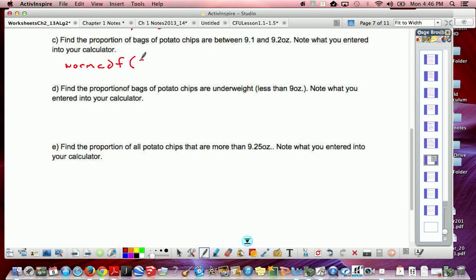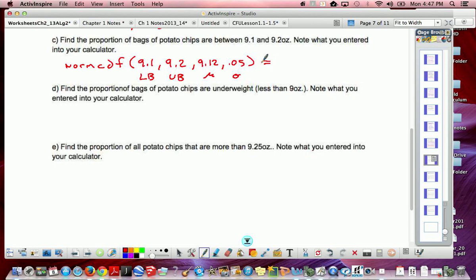We do the lower bound, 9.1, to the upper bound, 9.2, because I want between 9.1 and 9.2. Enter in my mean, and then my standard deviation. Again, this is the lower bound score, the upper bound score, the mean, and the standard deviation.